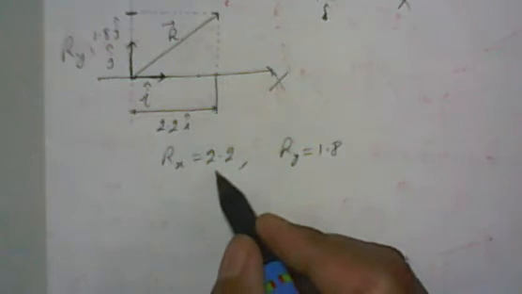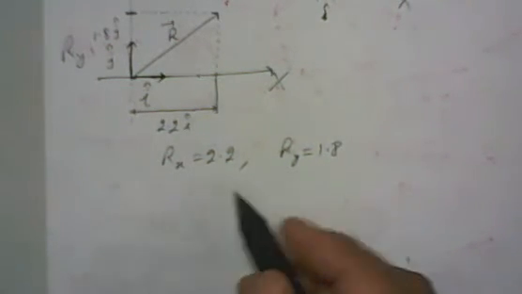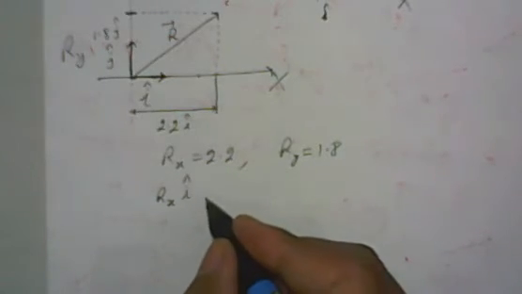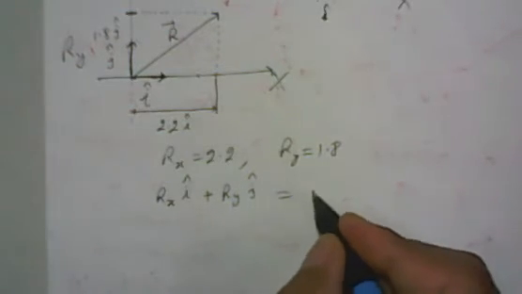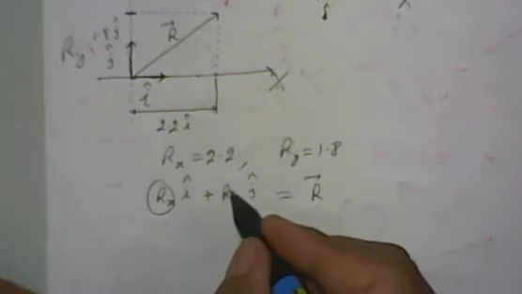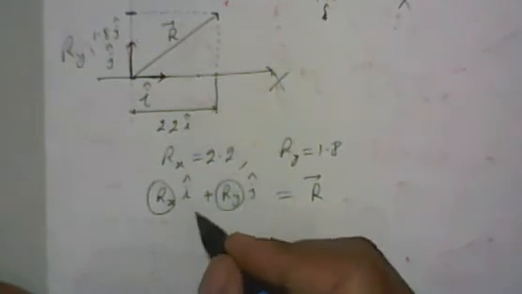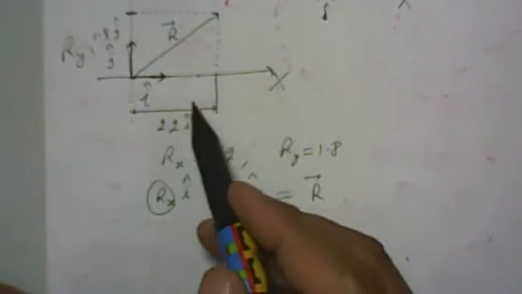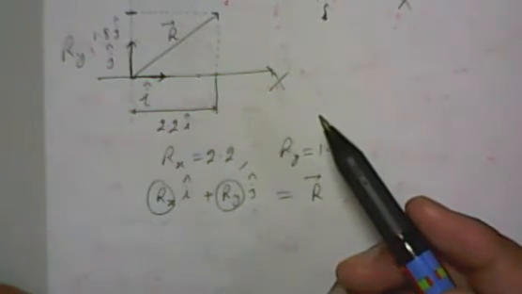So Rx is equal to 2.2 and Ry is 1.8. Therefore, if I take Rx steps in the I direction and Ry steps in the J direction, I will get the actual R. Rx and Ry are the components of R in the direction of I and J. Because they are rectangular, they are known as rectangular components or rectangular resolution.